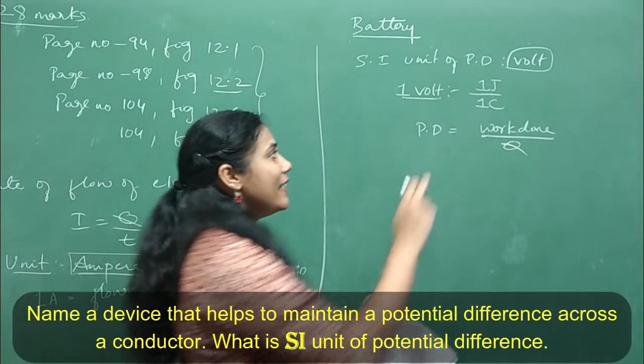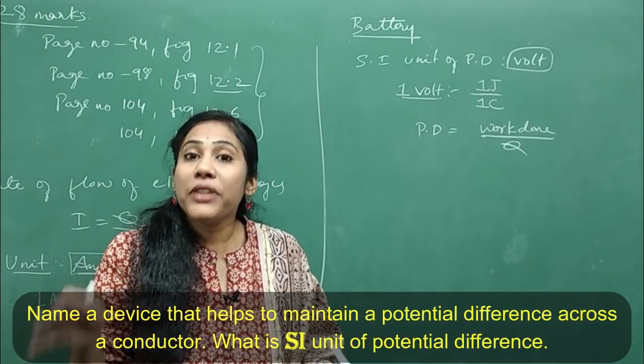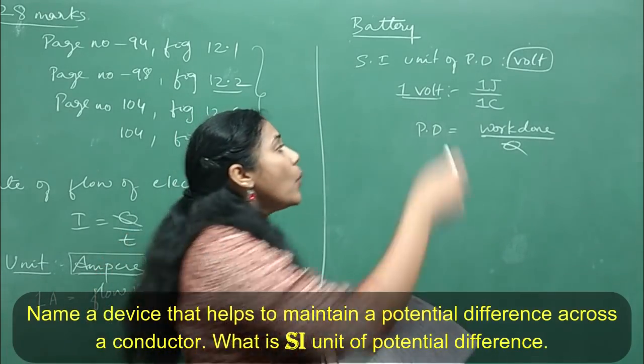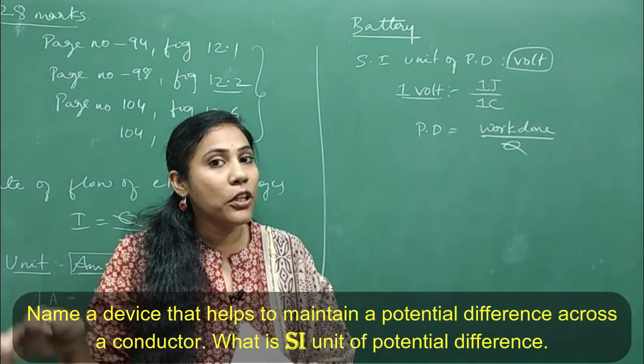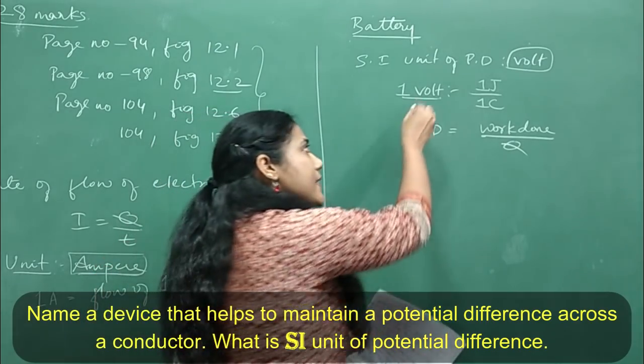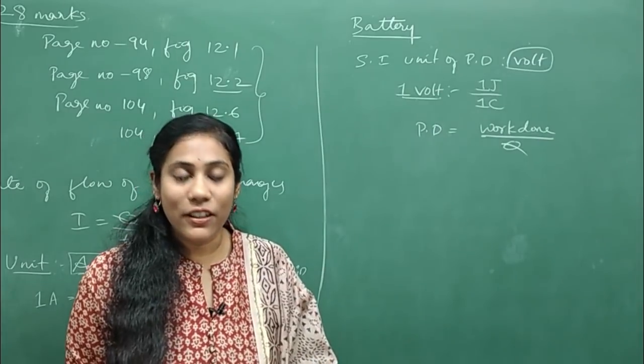I repeat once again, 1 joule of work that is done to carry 1 coulomb of charge from one point to another point is defined as 1 volt. Okay, so that is about our second question.